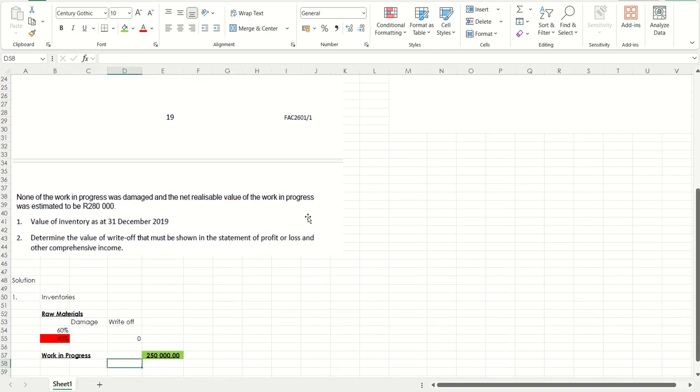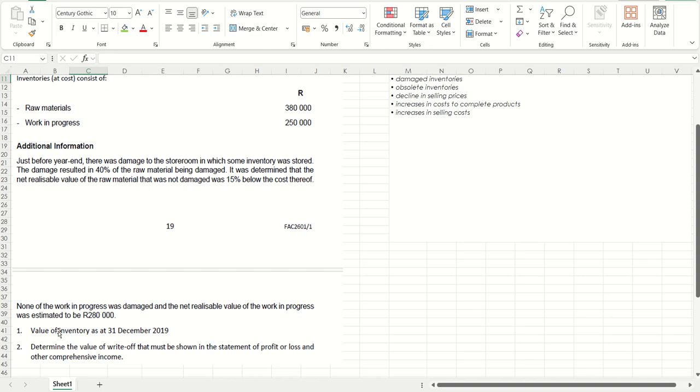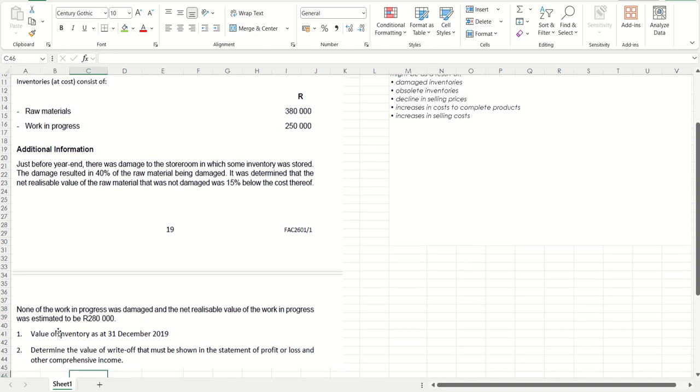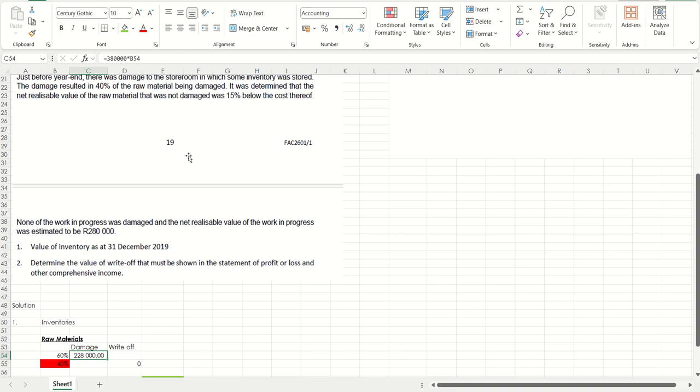Taking it step by step, the total amount of the raw materials before the damage is 380,000, and of that 380,000, 60% was not damaged. So that's where that one is coming from: 380,000 times 60% was not damaged.